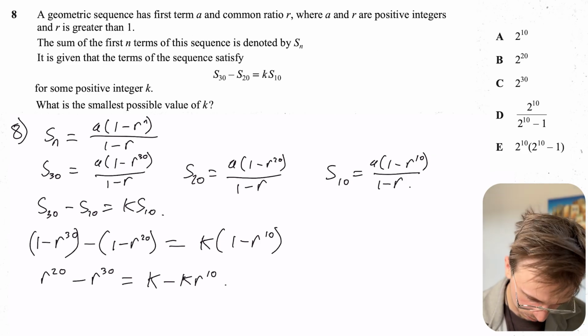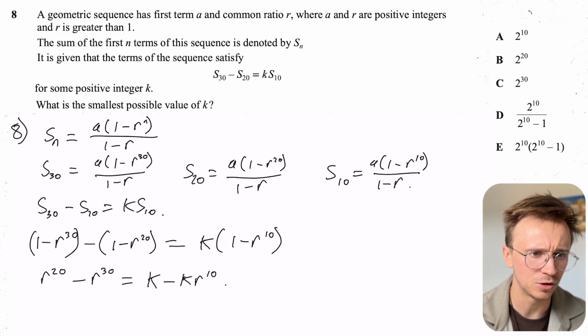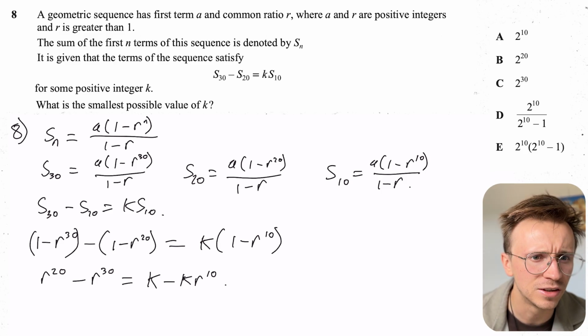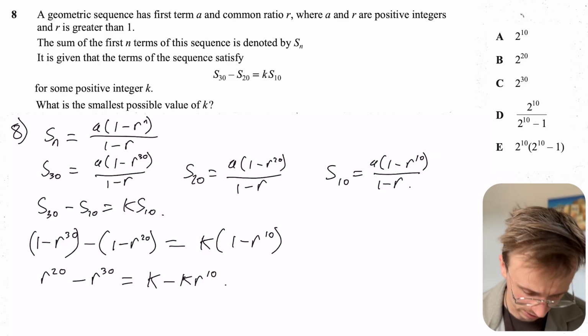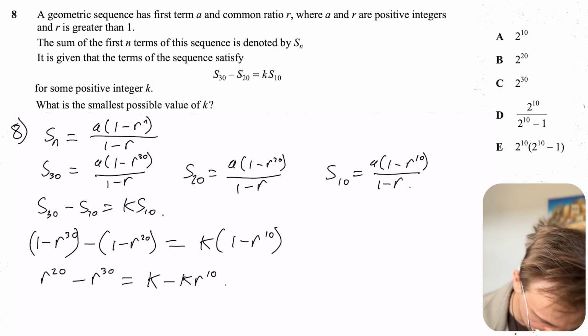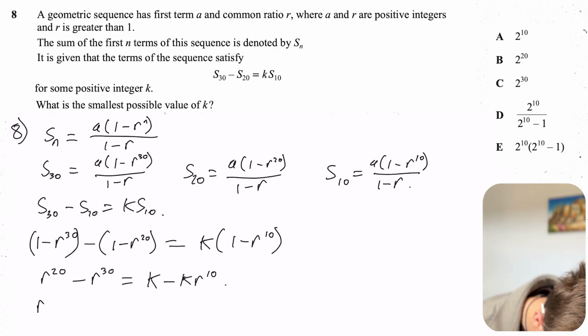And what is the first possible value where these can be equal? What value of K? All I know is that r is greater than 1. So I'm just going to flip these over to make it slightly easier for myself.